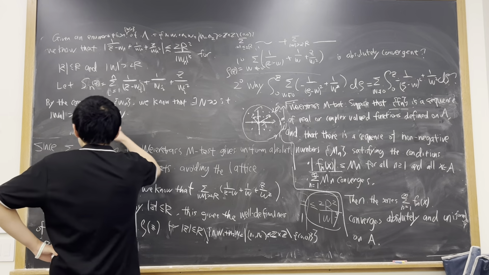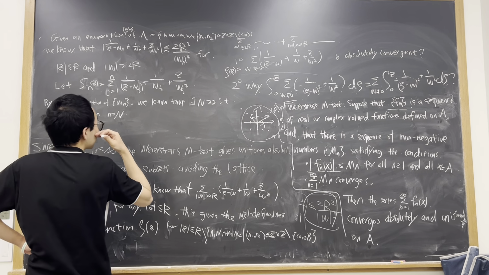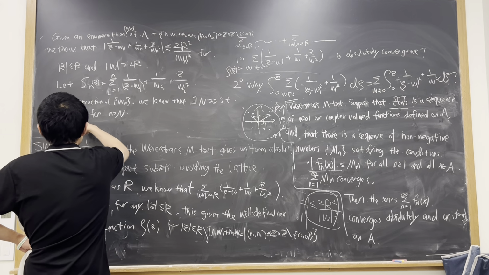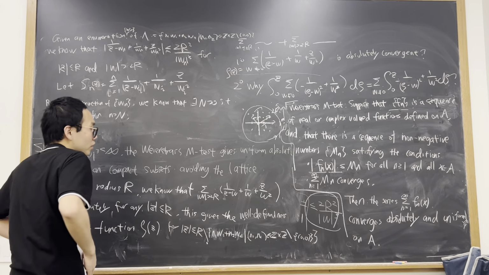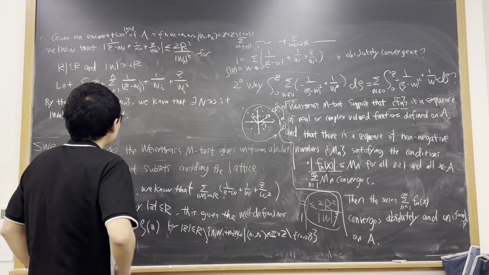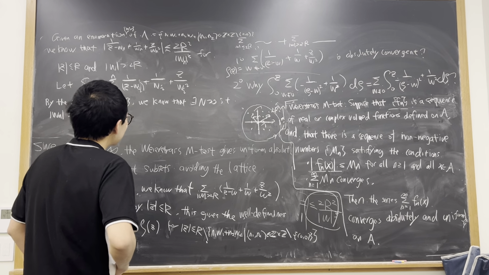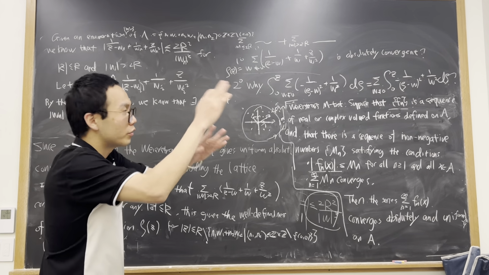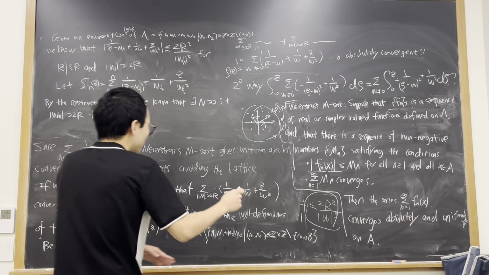So we know that there is an N such that omega n is bigger than 2r for n bigger than N. So yeah, I'll write it down what I said.